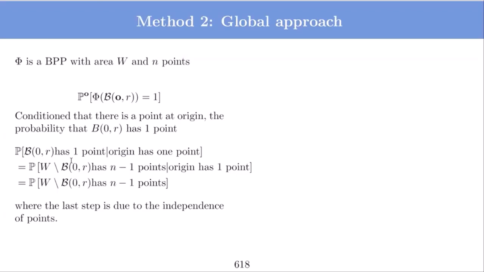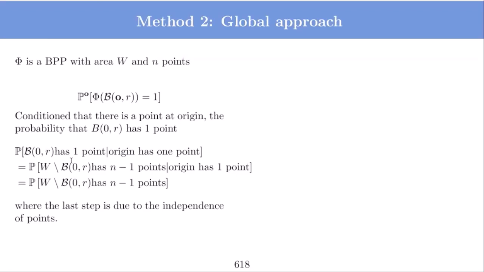These are the rest of the n minus 1 points. The conditioning event is about a particular point being at the origin, and the numerator is an event which depends on the rest of the n minus 1 points. We have point independence in the binomial point process.